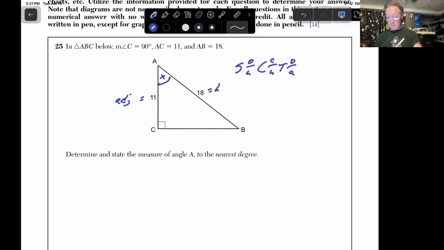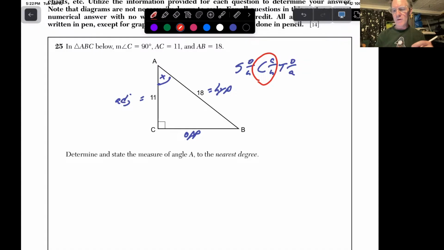Here's our hypotenuse. Here's our opposite side. If I know my adjacent side and my hypotenuse, cosine. And so remember, if I'm looking for angles, I'm going to use the inverse function. So x equals the inverse cosine of 11 over 18.